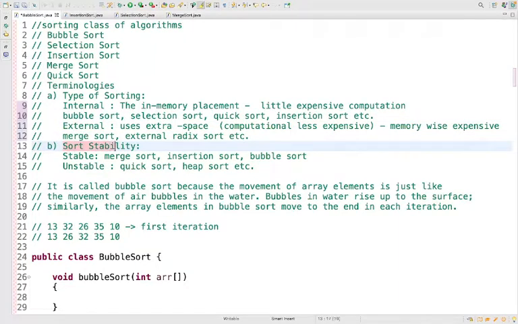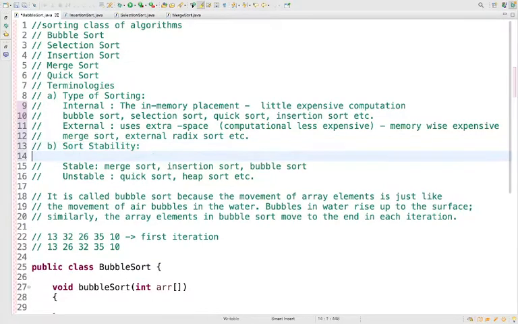sorting stability. Okay, so what does it mean? For example, I have an array. Now if I want to make it ascending, I will write it as 4 7 6 8 8 9.